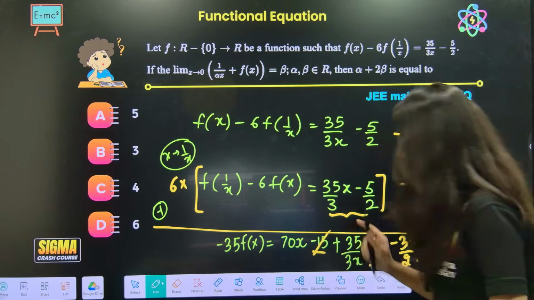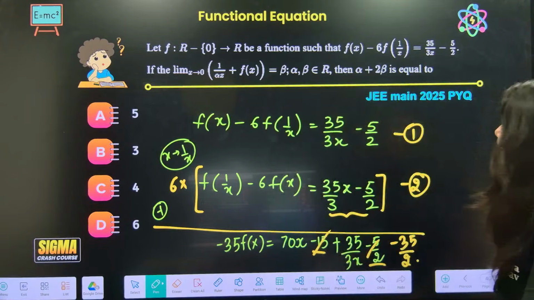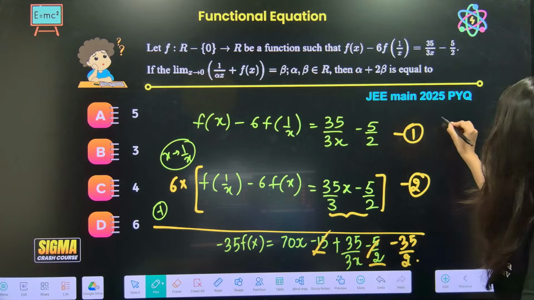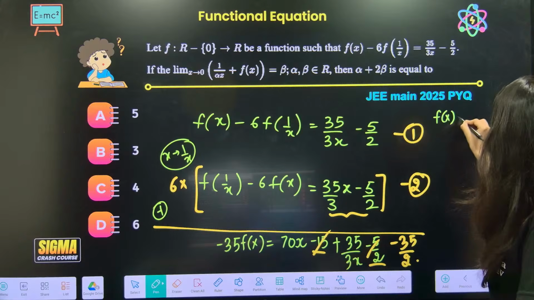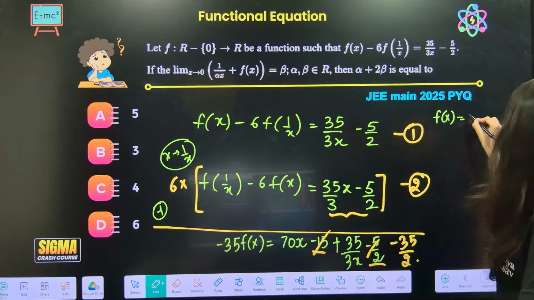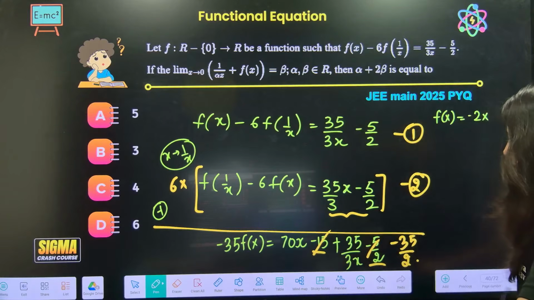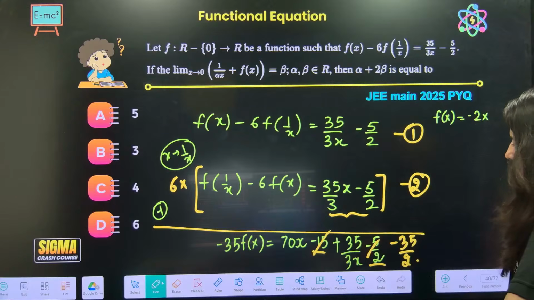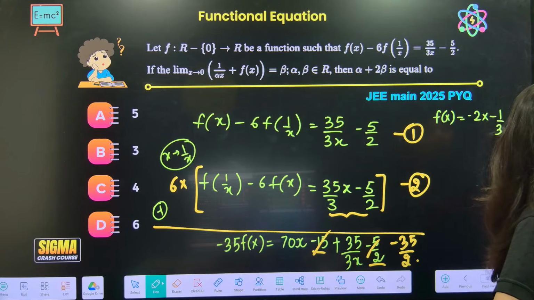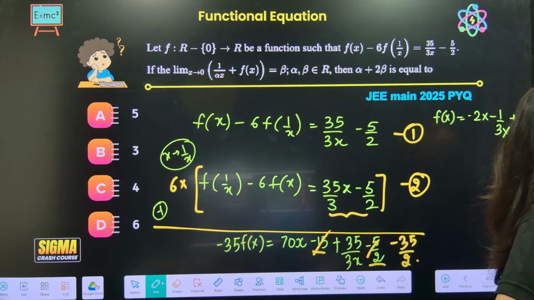One more thing. If I divide the whole equation by minus 35, what will my f of x be? Dividing by minus 35, it will be minus 2x, then minus 1 by 3x, and plus 1 by 2.